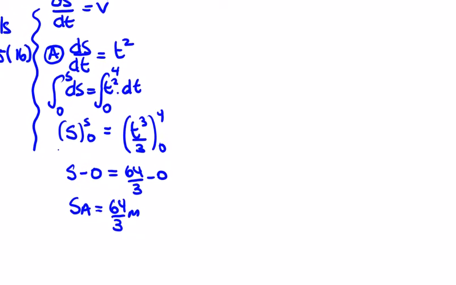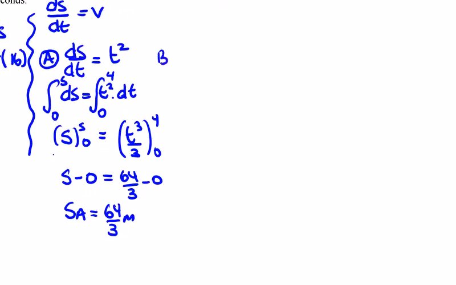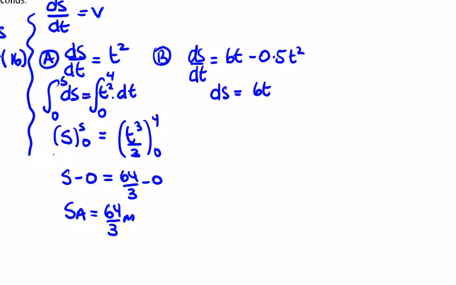We do the same for B. ds/dt is equal to 6t minus 0.5t squared. ds is equal to 6t minus 0.5t squared dt. You will have time in an exam to write out every step.